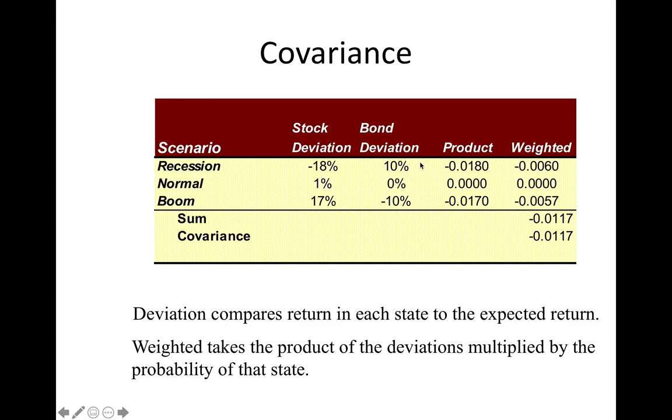When you take the product of the two, you end up with this, and then when you weight it with the probability of each of the scenarios, whether the recession, the normal, and the boom, together you have a negative 0.0117, which implies that these two investments or these two assets move in opposite directions. So we may want to then pair them.